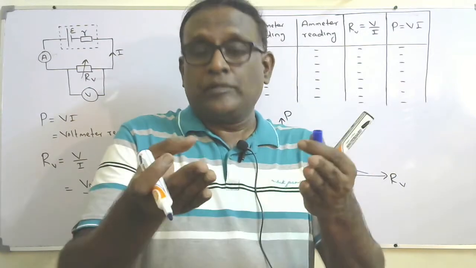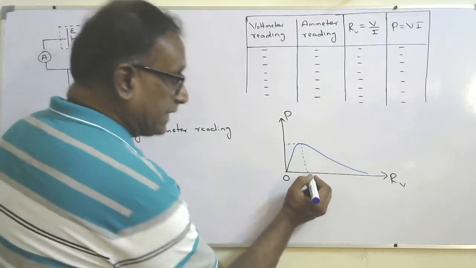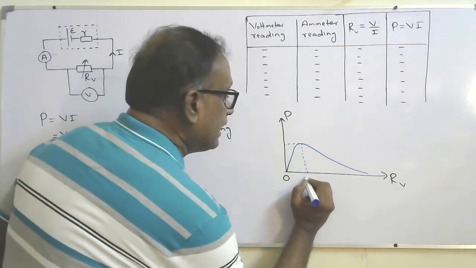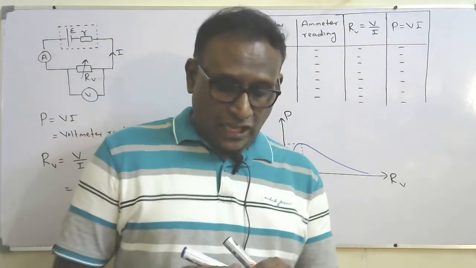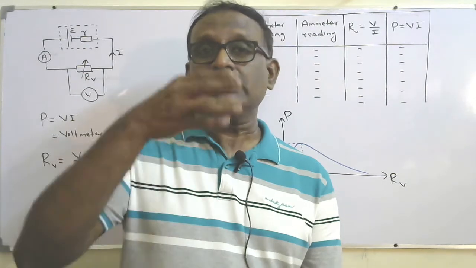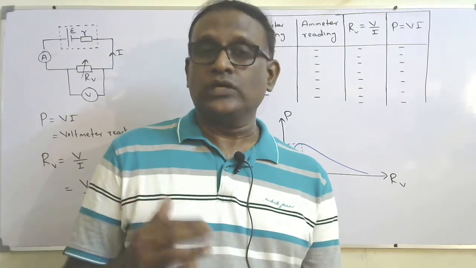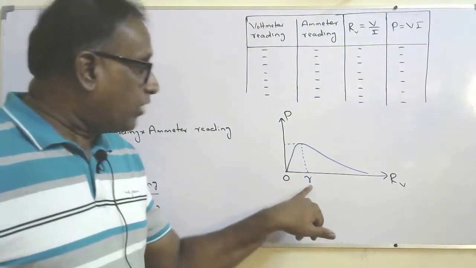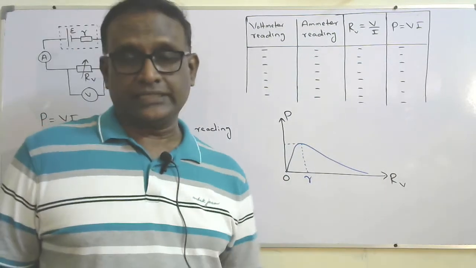Interestingly, that value will be equal to the internal resistance of the power supply. That means when the resistance of the external component becomes equal to the internal resistance of the power supply, optimum power will be transferred to the external component.